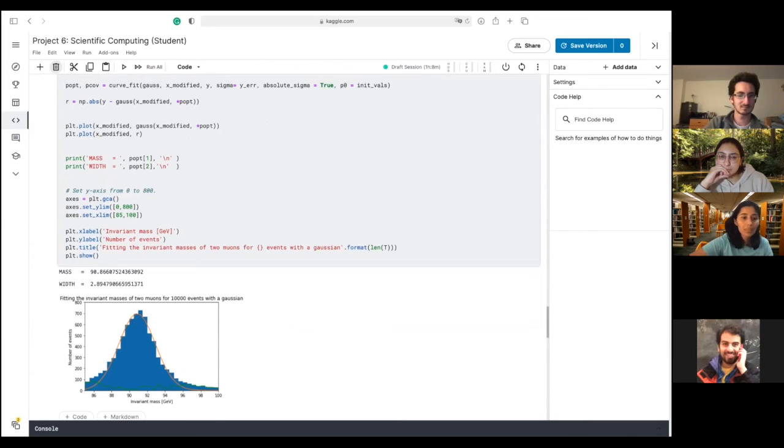And with this, we get to pin down the width even better. So one of the major efforts is to improve statistics and get the values of the mass and the width of particles pretty spot on.